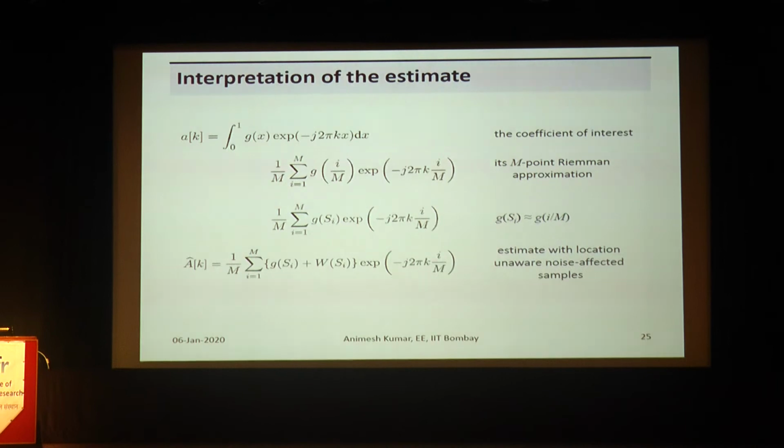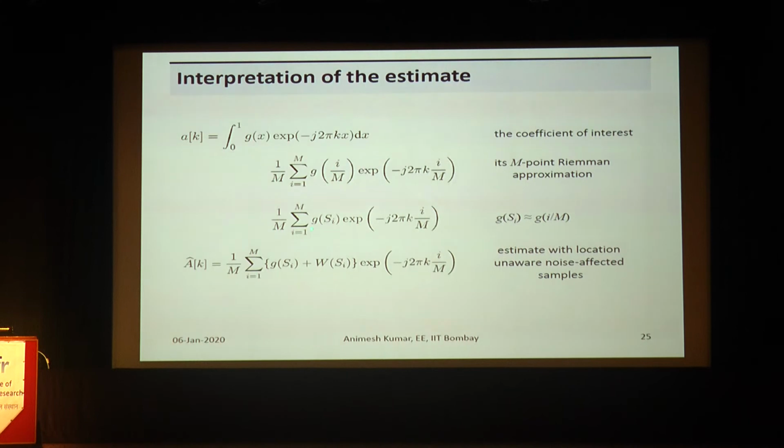So how should we interpret this estimate? It can go through successive levels of approximation. This is the exact analysis equation. If we had equispaced samples of the field at 1 by m, 2 by m, and so on, we can write its m-point Riemann approximation. That's the second equation that we see here.